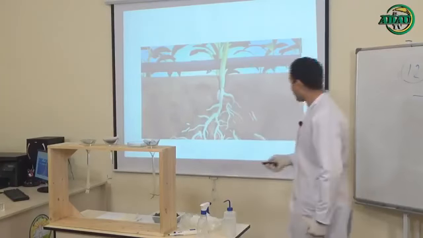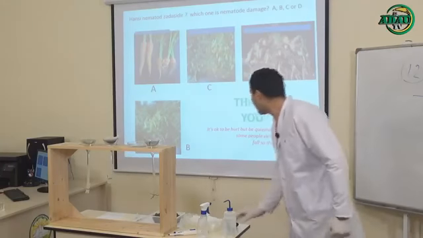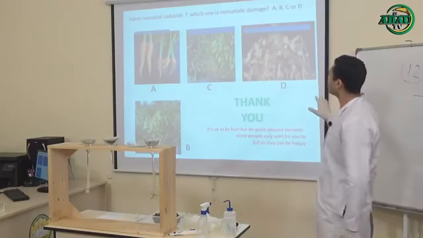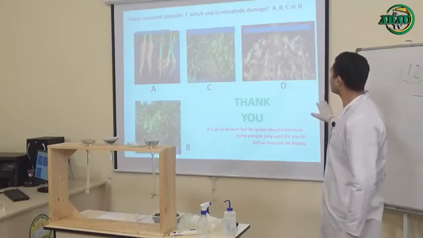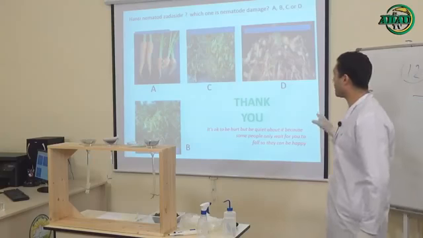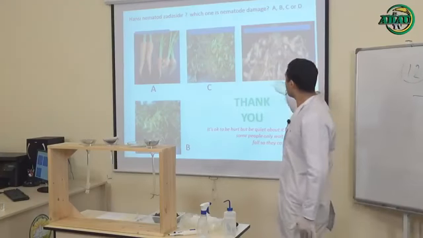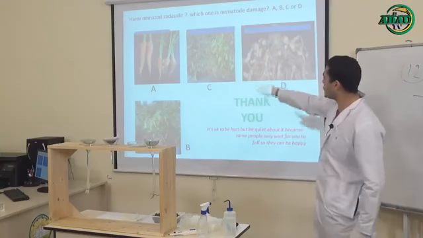Right now, I am coming to the last part of my presentation, the last slide and last page. I ask you this question and I am waiting for your answer. You can see which one is the nematode damage. You can see some damage on plants.